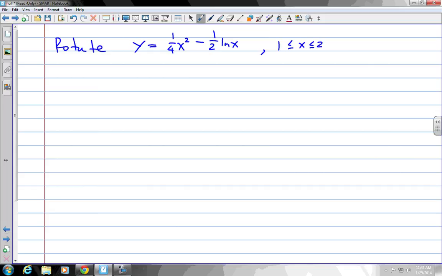But I want to rotate around the y-axis. Right, finding the surface area.